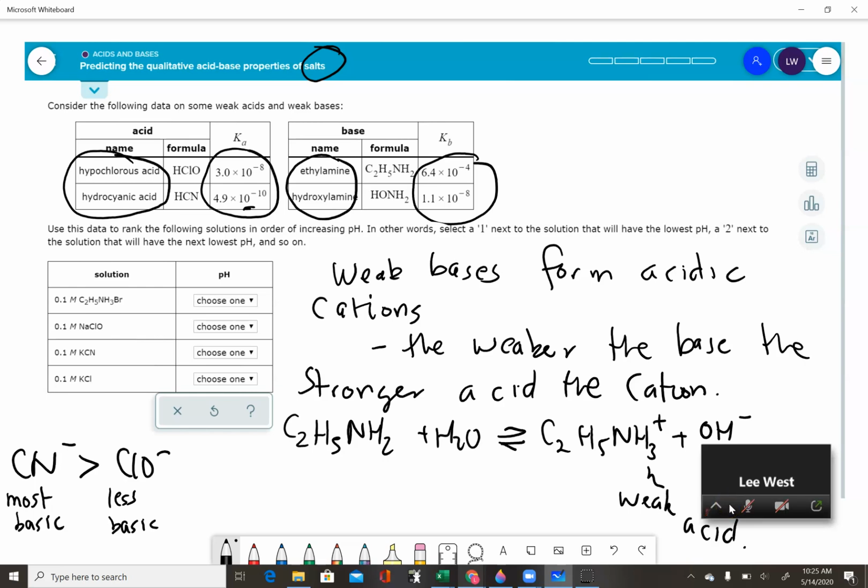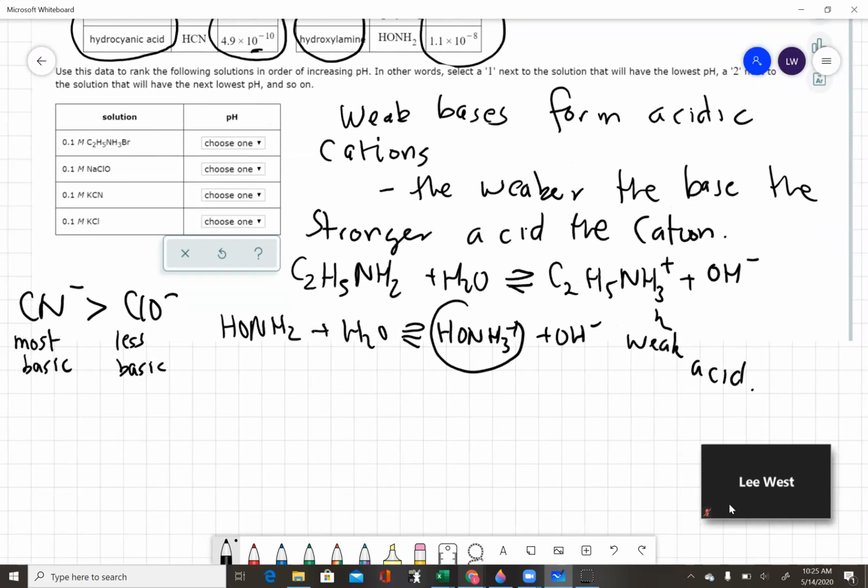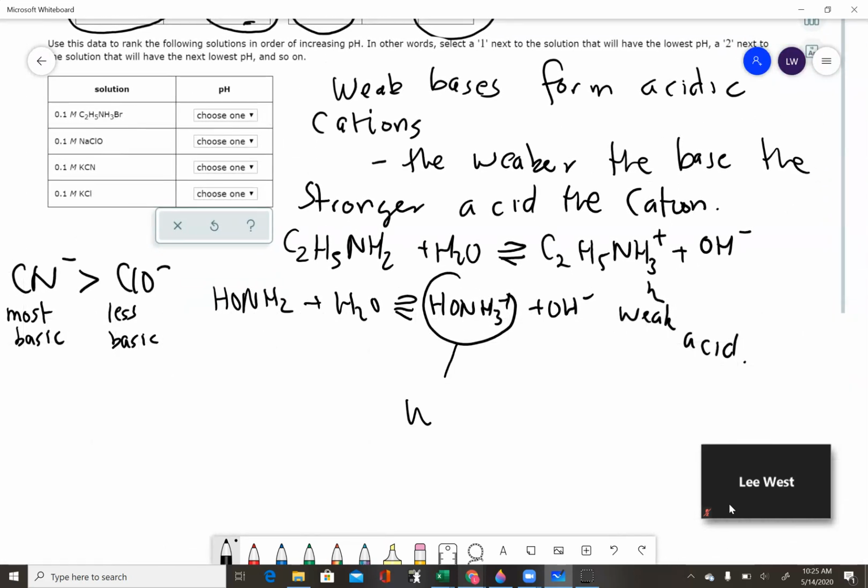And if I look at the other one, which is hydroxylamine, it's a little easier to write out because this formula is simpler. HONH2 reacts with water, and that gives me HONH3 plus and OH minus. And this one here will be a weak acid as well.